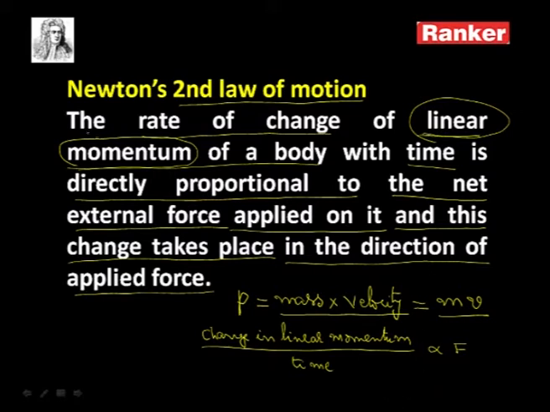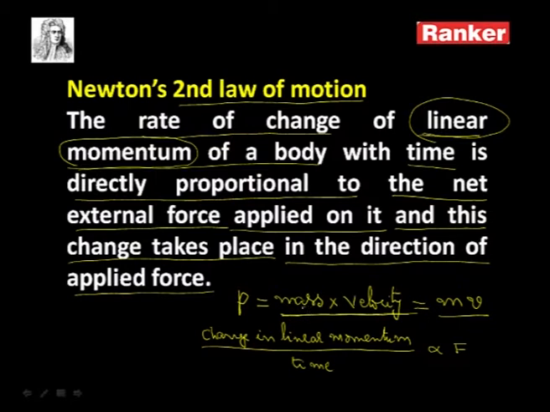I repeat once again, the rate of change of linear momentum of a body with time is directly proportional to the net external force applied on it, and this change takes place in the direction of the applied force. So you have learnt first what linear momentum is.